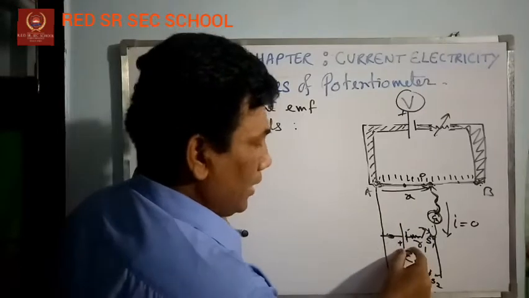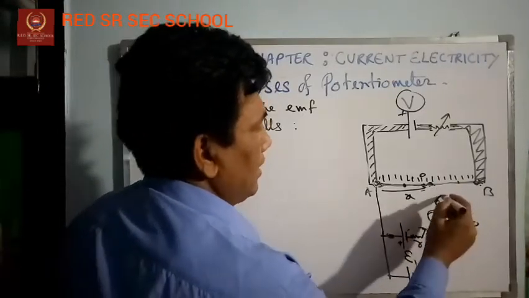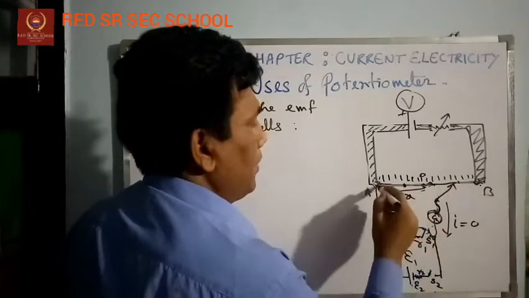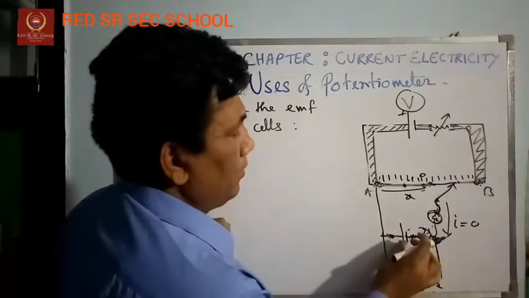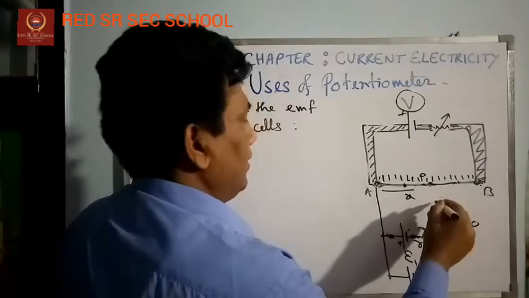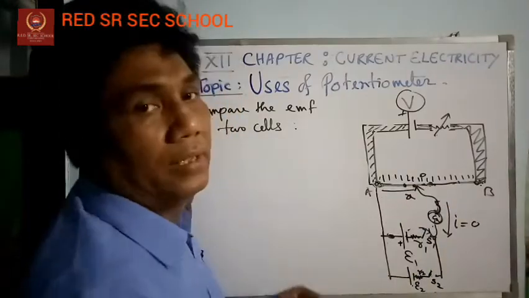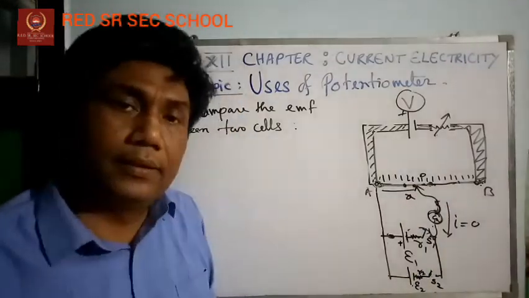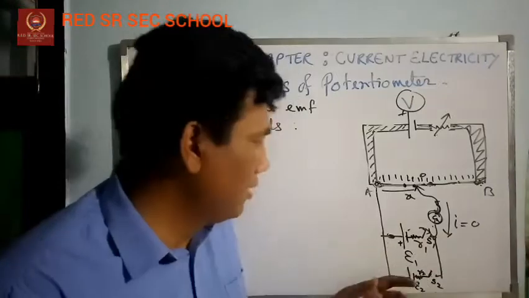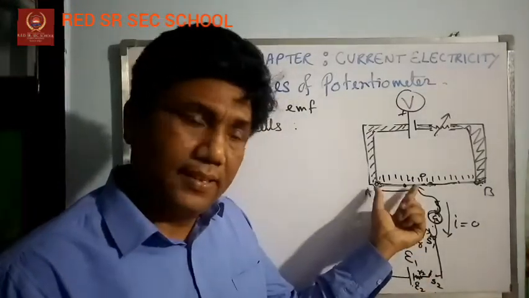If the value of E1 is more, then you can expect the null point somewhere away from the point A. If the value of E1 is less, you can expect the null point a little bit closer to A. That thing we have already discussed. More will be EMF, more will be the balancing length.